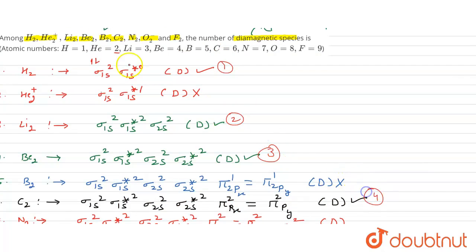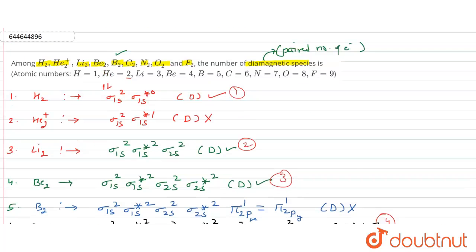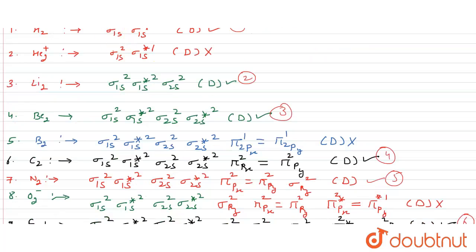And this is 4, and the last one is fluorine. So I can say this is also 5, and this is also 6. So I can say there are 6 species which have a diamagnetic nature.